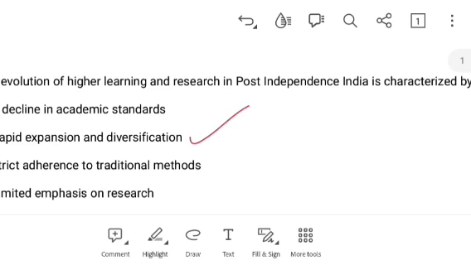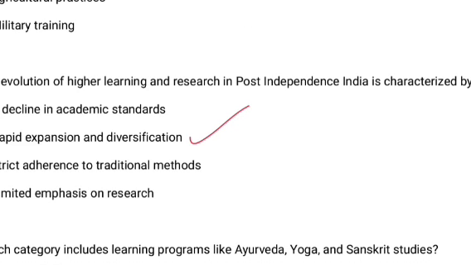This is the evolution of higher learning and research in post-independent India. During the time of the British, when the British ruled India, India was not significantly in the arena of research and higher education.